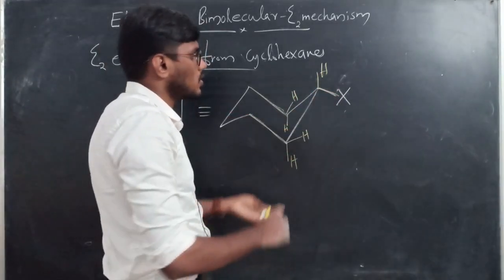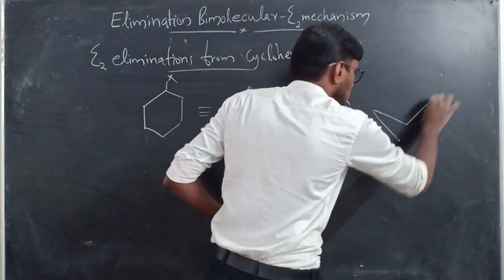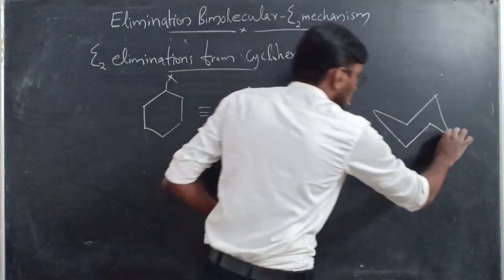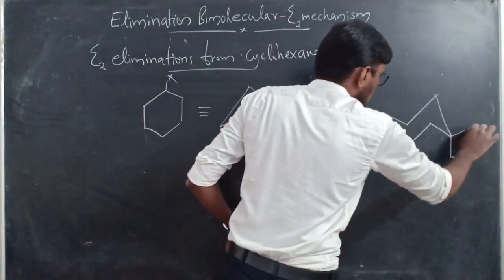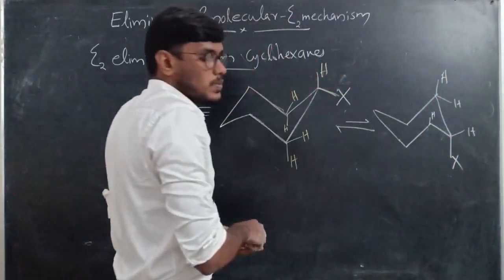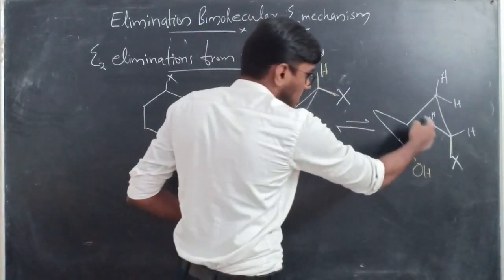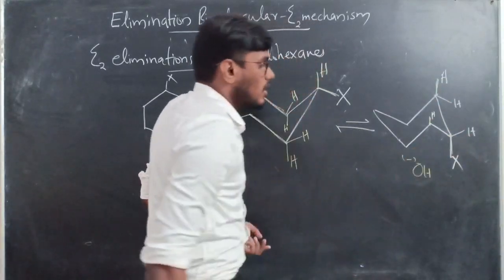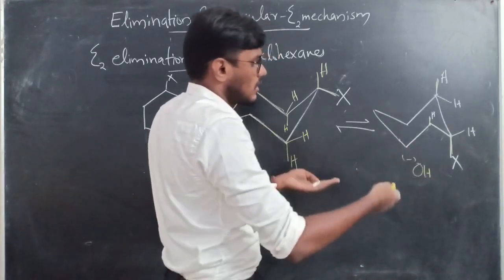For elimination to occur here, the ring should flip. By ring flipping, X goes from the equatorial position to the axial position, and the hydrogens also become axial. Then when the base comes, this hydrogen and this eliminating group, the leaving group X, are anti to each other.